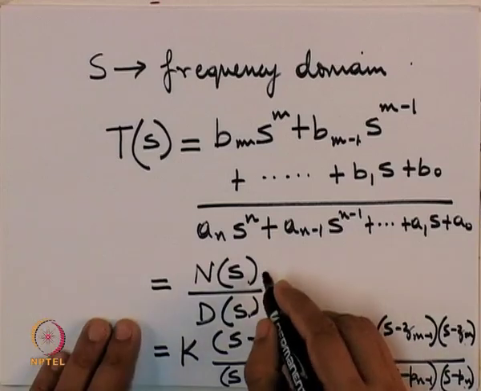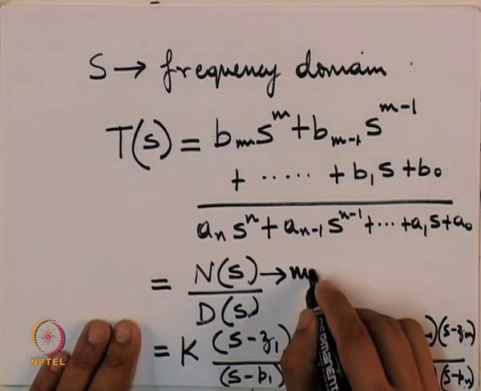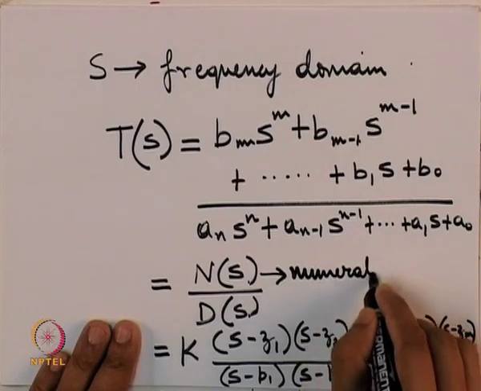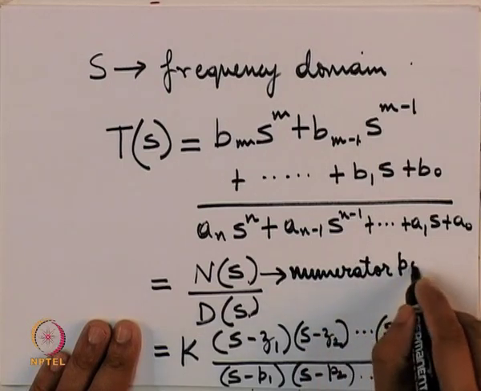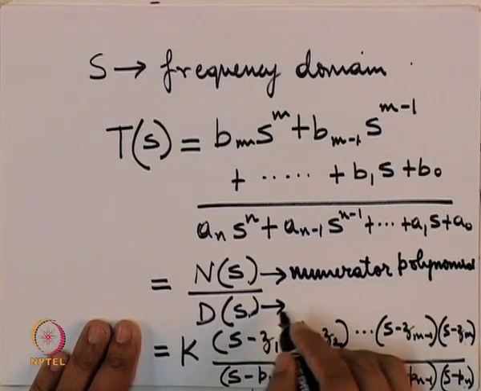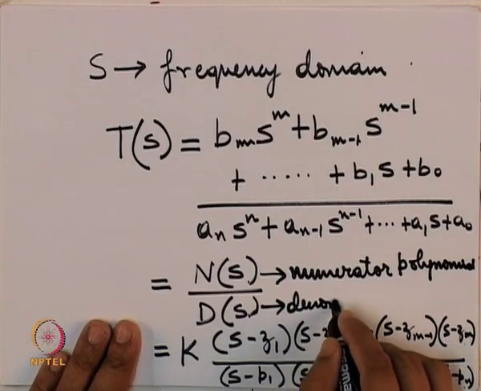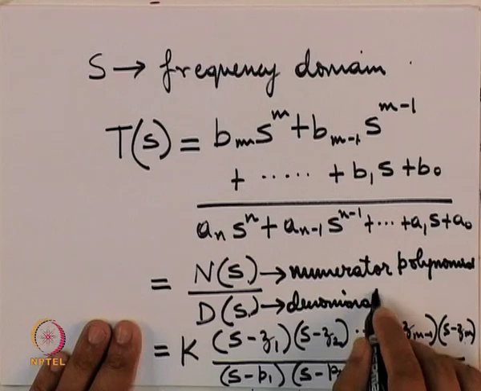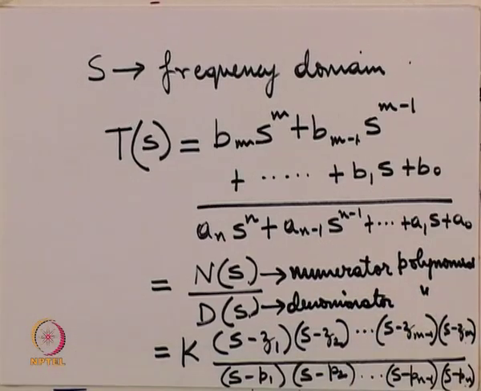Now this N(s) is the numerator polynomial, D(s) is the denominator polynomial. Now, before going into the definition of what is the poles and zeros, I would like to point out something, that we are operating in the frequency domain. As I said, this S is a frequency domain variable.